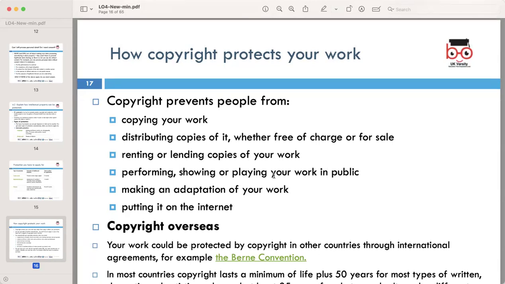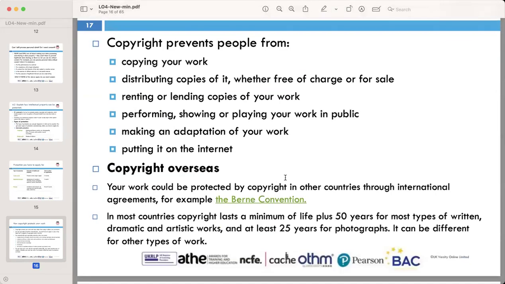Internationally, your work may be protected by copyright through agreements like the Berne Convention. Copyright typically lasts a minimum of life plus 50 years for most types of written, dramatic, and artistic works, and at least 25 years for photographic work, with potential variations for other types of work.